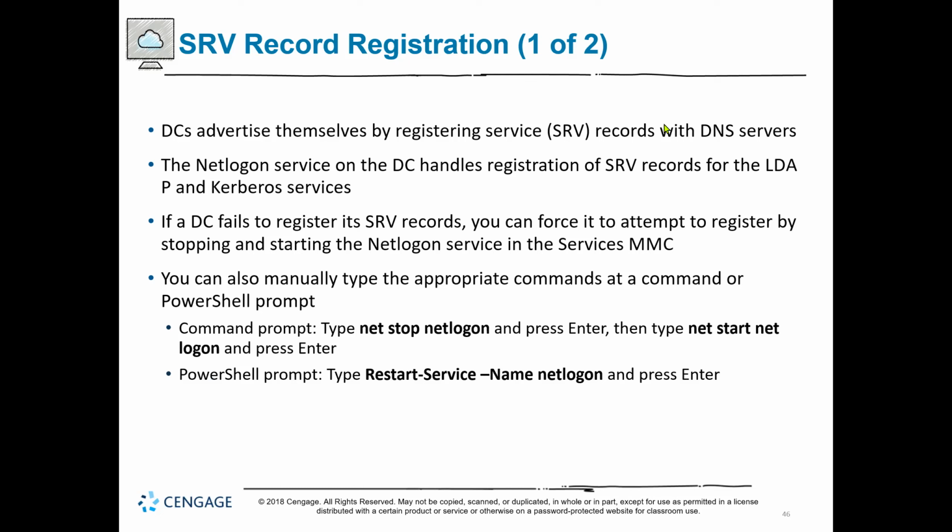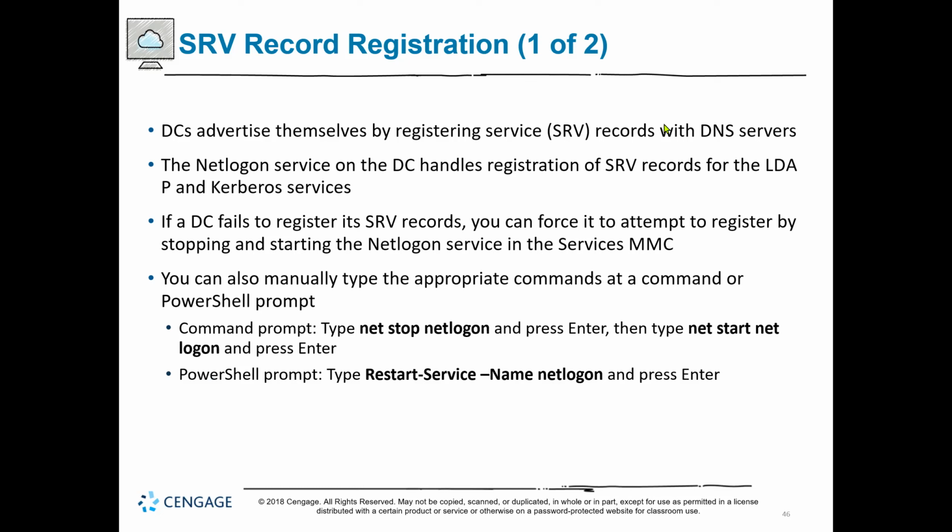If a DC fails to register its SRV records, you can force it to attempt to register by stopping and starting the Netlogon service in the services MMC. You can also manually type the appropriate commands at the command or PowerShell prompt.